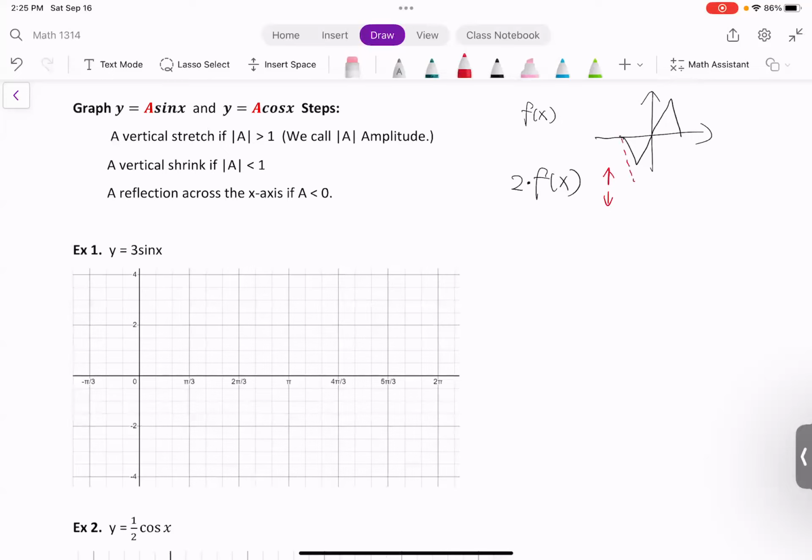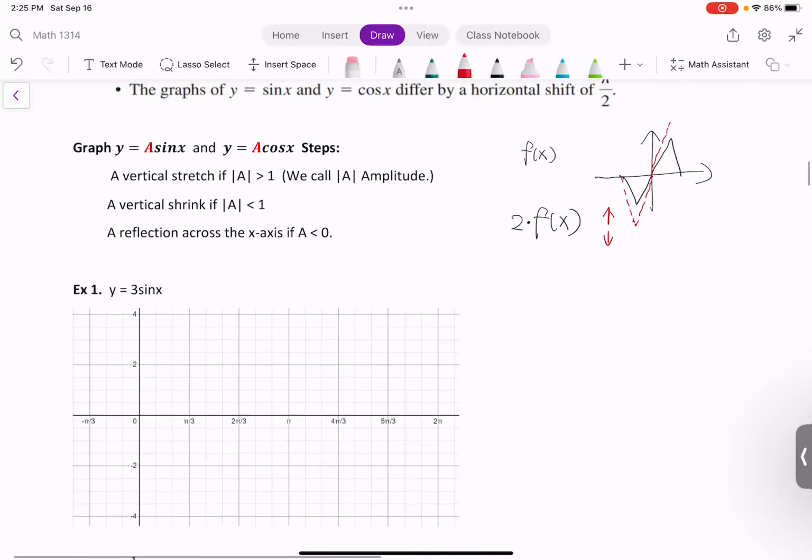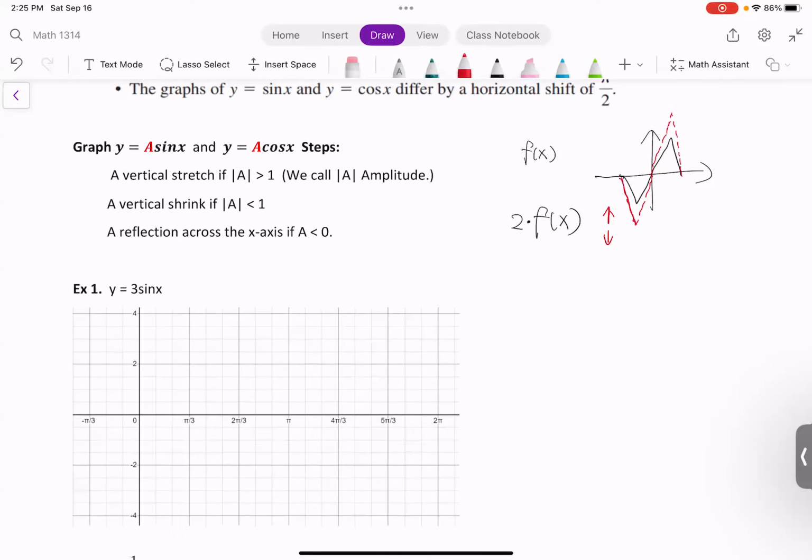So my graph will be like this. 2 times all the y values, so all the y's are stretched. And how about 1/3 times f of x, for example? Let's use a different color. That shrinks all the y values. So all the y values are multiplied by 1/3.